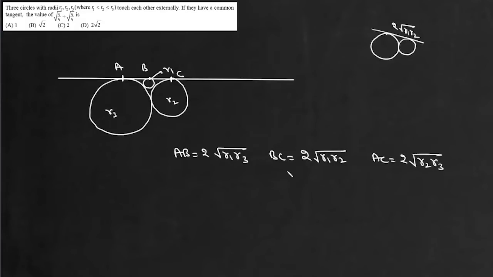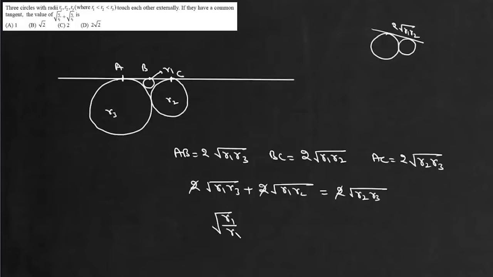Now AB plus BC is equal to AC. So we'll get 2 under root R1 R3 plus 2 under root R1 R2 equal to 2 under root R2 R3. Now this 2 will cancel and we'll divide everything by R1 R3. So we'll get under root of R1 upon R2 plus under root of R1 upon R3 will be equal to 1, and that's your option A.